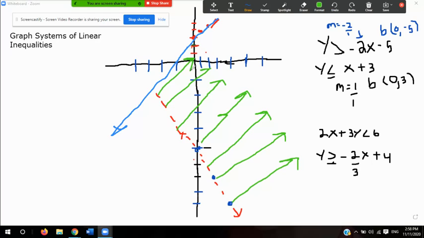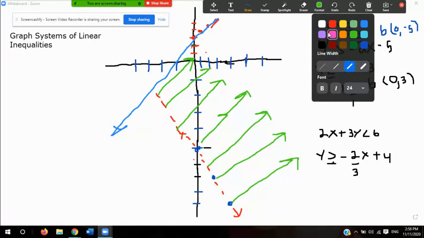So basically, y is less than x plus 3 means that I am going to pretty much graph any coordinate below 3, because it's saying y is less than or equal to x plus 3.